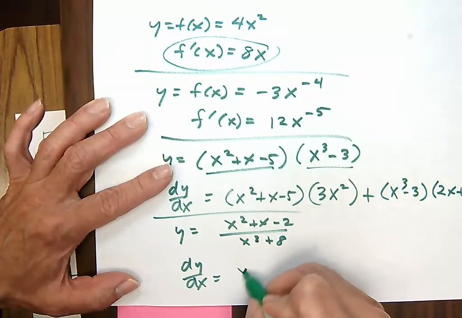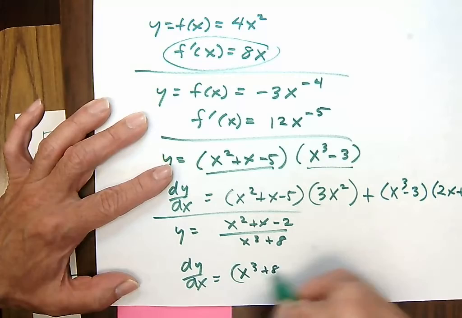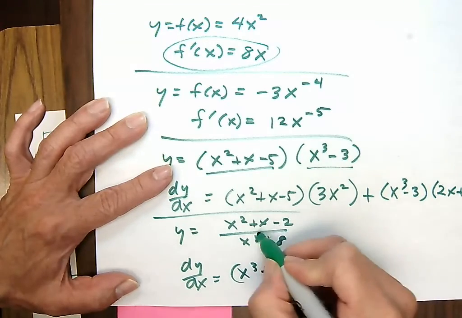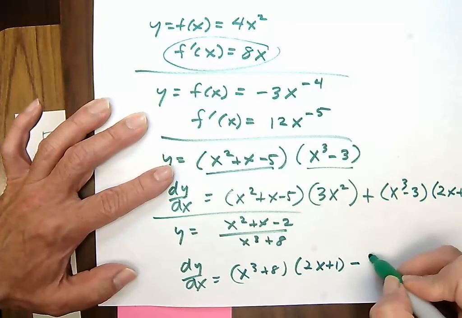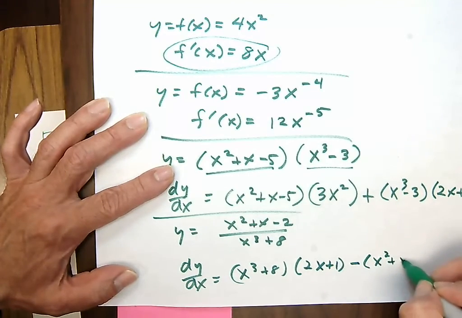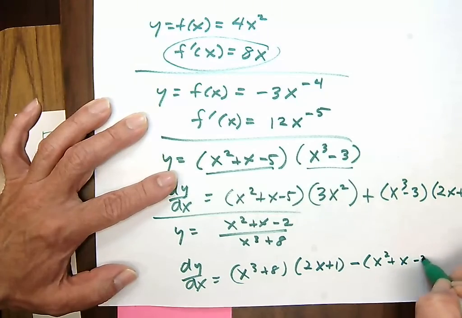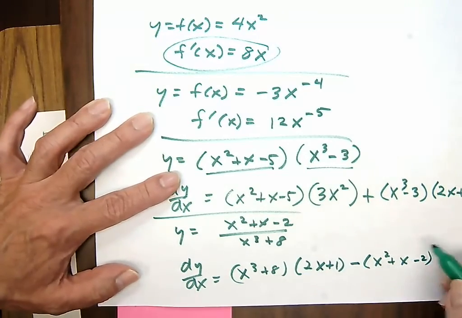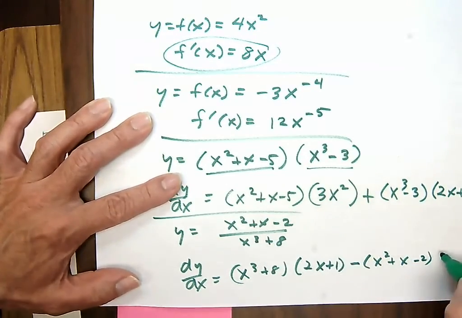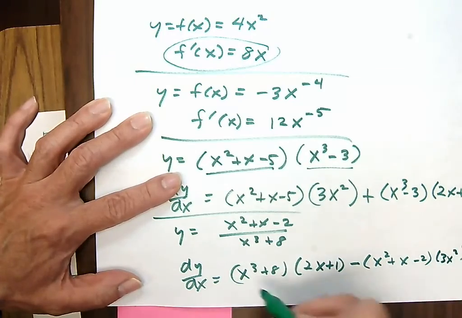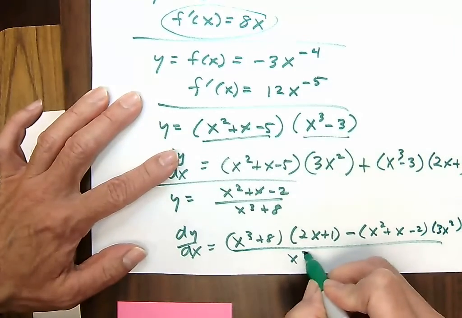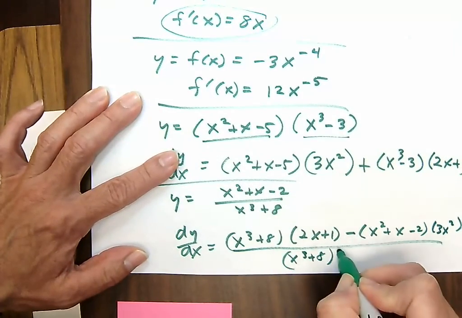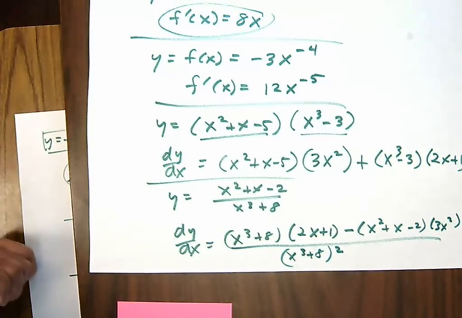So it's the denominator times the derivative of the numerator, which would be 2x plus 1, minus the numerator, which is x squared plus x minus 2, times the derivative of the denominator with respect to x, which is just 3x squared, all over the denominator squared, which would just be x cubed plus 8 squared. And don't worry about simplifying that expression.